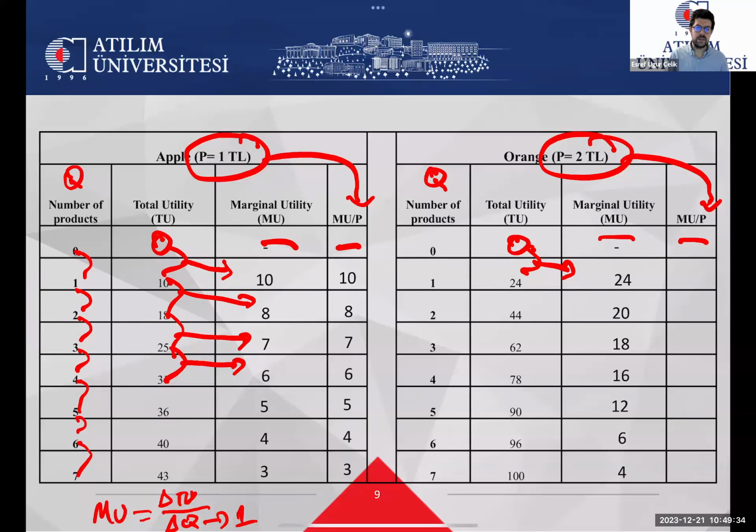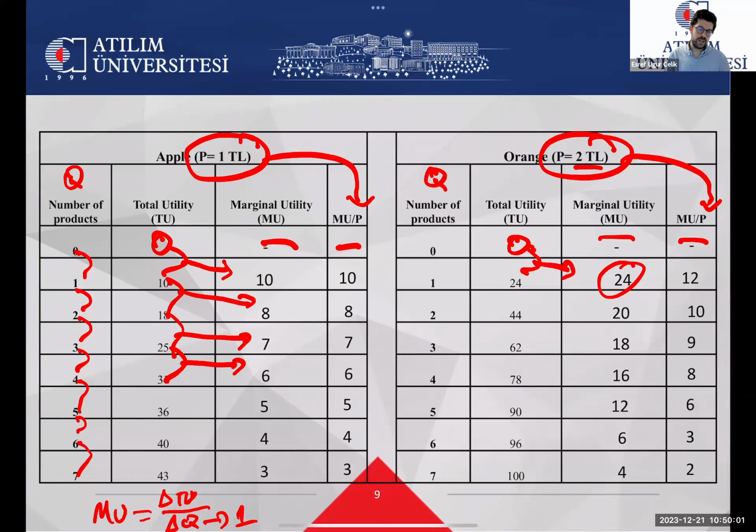In the orange part, we divide marginal utility by 2. That means 24 divided by 2, 12. 20 divided by 2, sorry, 10. It's going to go like that. 9, 8, 6, 3, and 2.